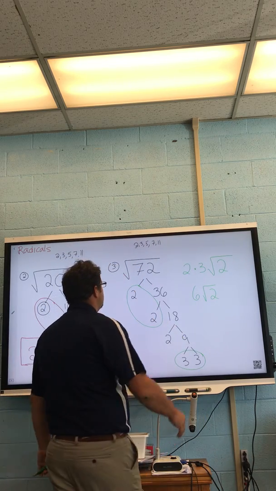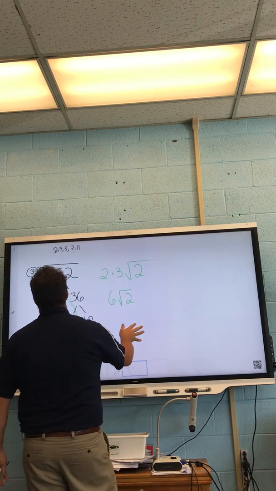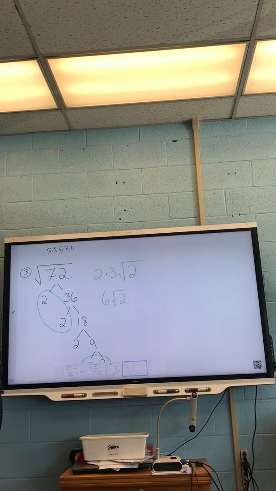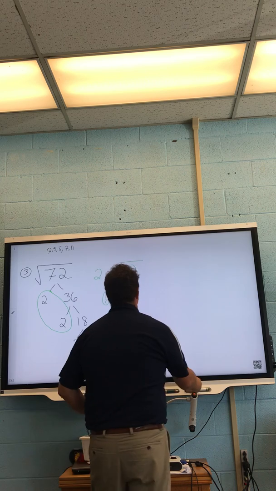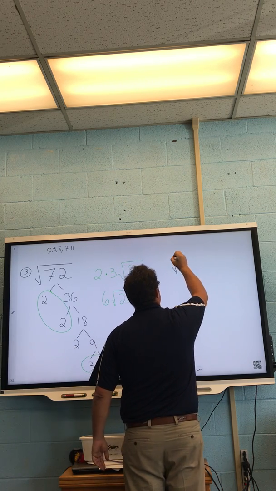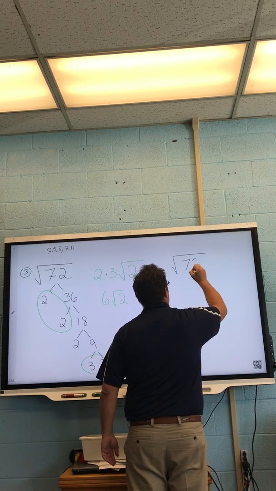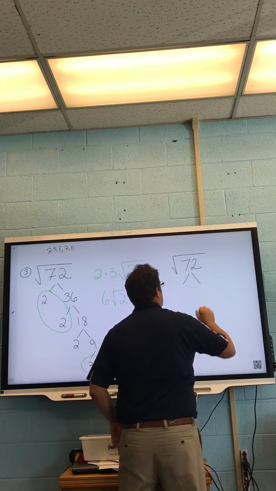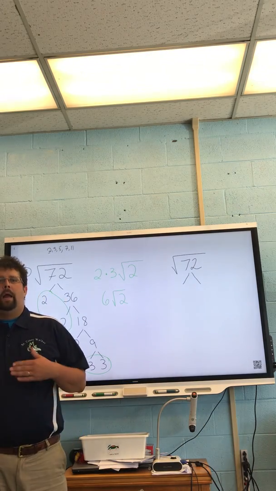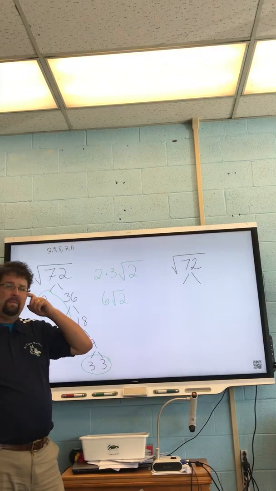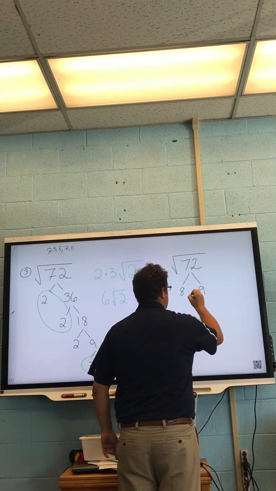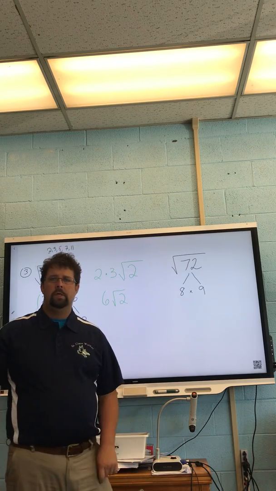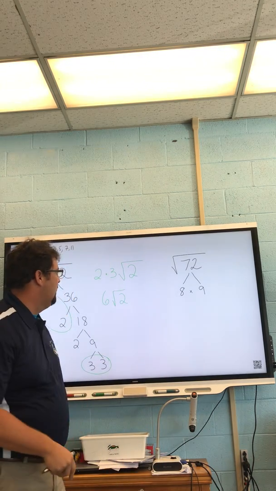All right? But let's say for number 3, you did not know what half of 72 was, but you did know something else. Let's say we're back to this 72. Okay? You didn't know half of it was 36, but you did know that 8 times 9 was 72. That can help too. 8 times 9 is 72 would also help.